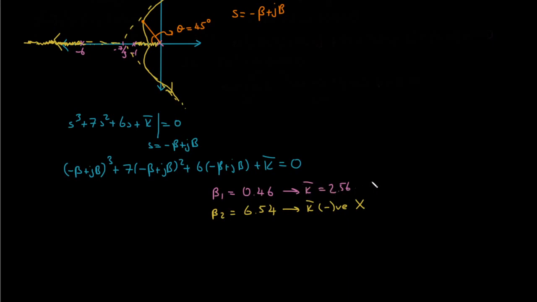So from there, I can also say that K is equal to 0.256. And the roots are S1 and 2 is equal to, since beta is equal to 0.46, minus 0.46 plus minus j 0.46.